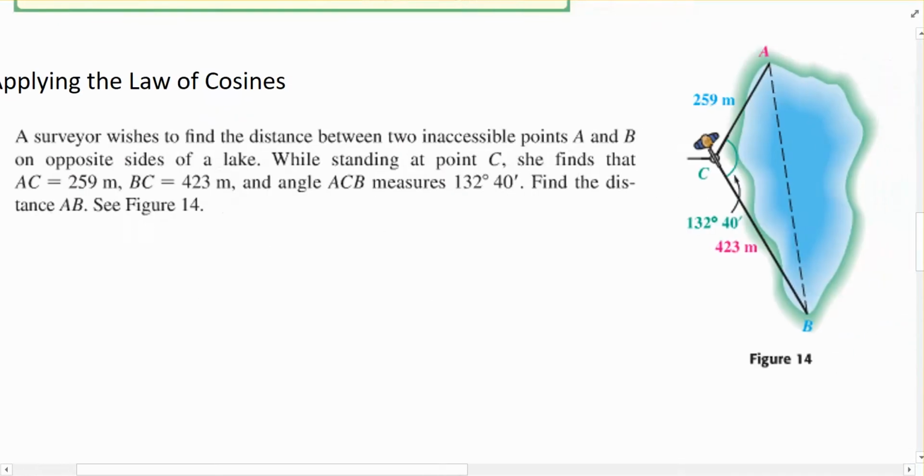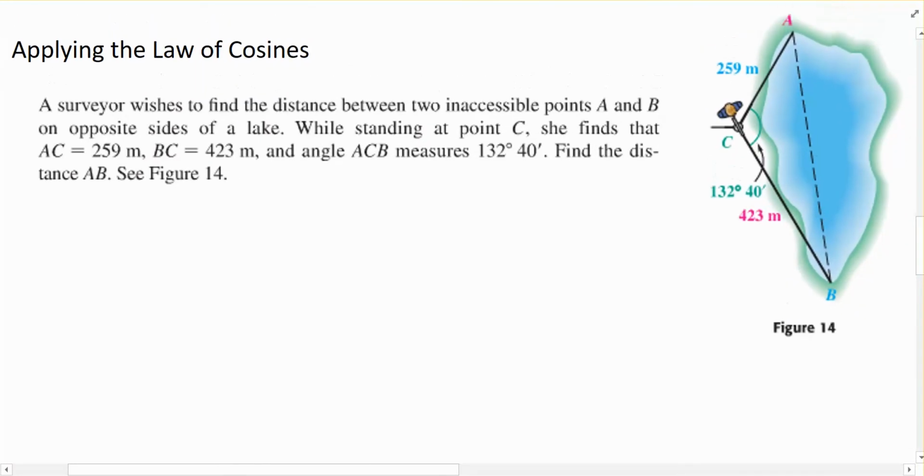If I wanted to apply the law of cosines, I have this example: a surveyor wishes to find the distance between two inaccessible points, A and B, on opposite sides of a lake. We're trying to figure out the distance across the lake.